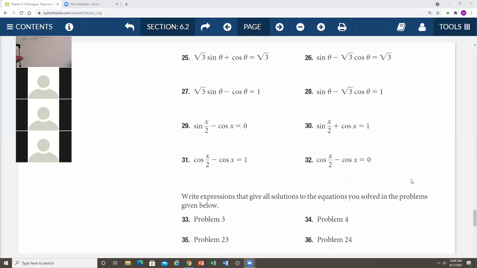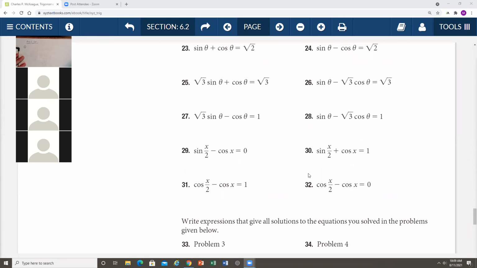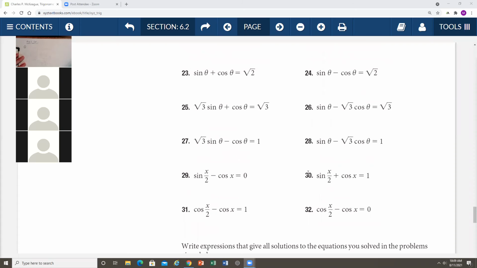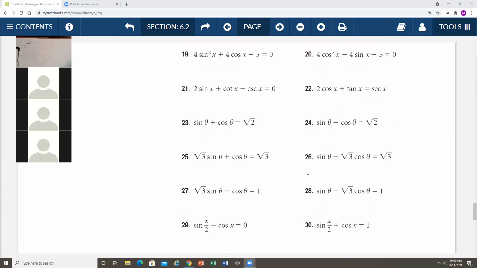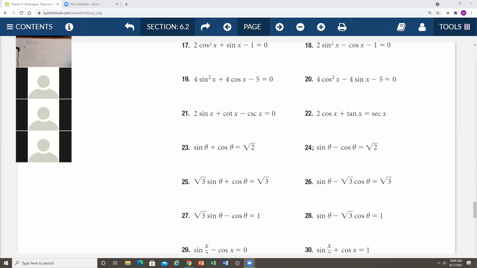I want you to do a couple of problems for me, ladies and gentlemen, for classwork today. Today is August 11th. Problem number 1. I'm going to look through some of these problems here and see if I can come up with maybe 1 or 2 that I'd like you to do.